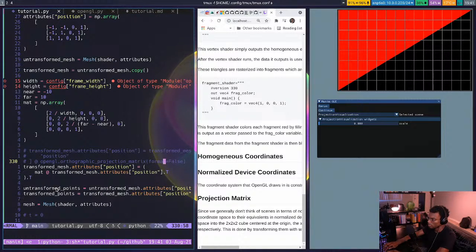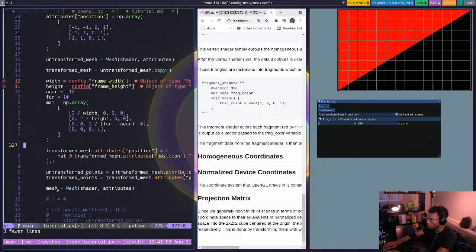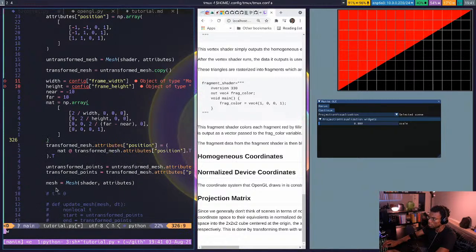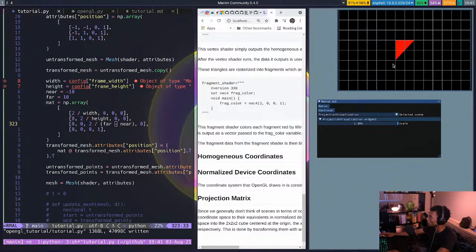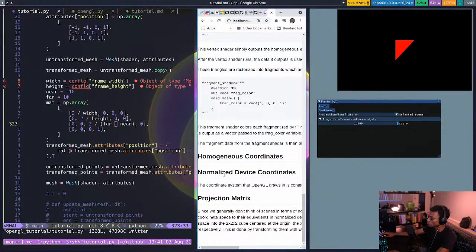It's better just because you don't have to look at this word, orthographic projection matrix. Like, what does orthographic mean? So I'd much rather just write out this simple matrix. Cool.